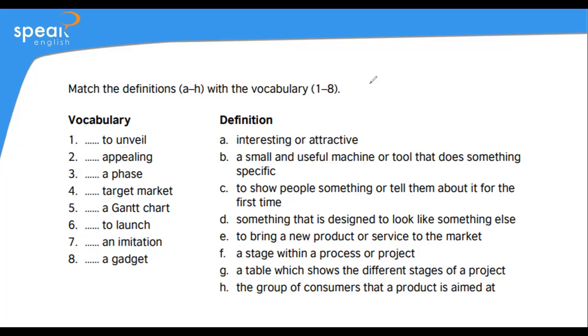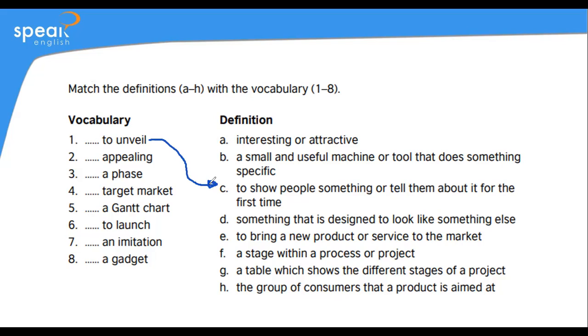Okay, so let's try to match the words with the meanings. Number 1, to unveil, is an action. What would be the meaning of that action? I think it is the letter C. To show people something or tell them about it for the first time. Exactly, very good. It is similar to reveal information.